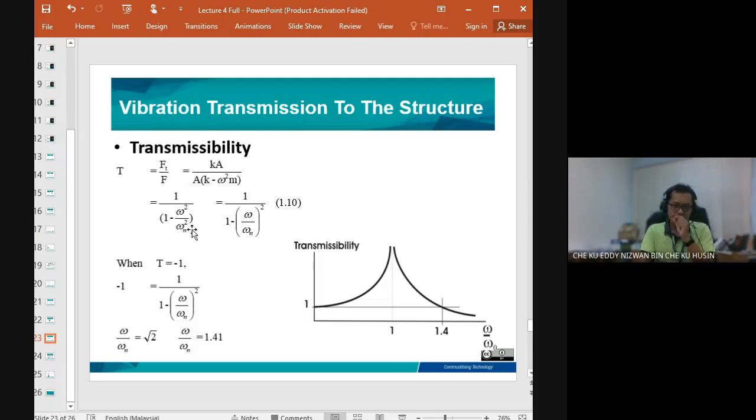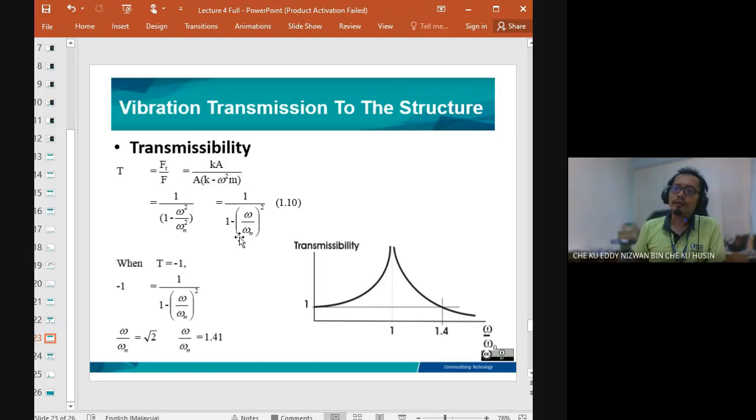This we can call the frequency ratio, the ratio between excitation frequency over natural frequency, omega over omega n. So that's the transmissibility, how we measure how much force is transmitted. If transmissibility is greater than 1, it means the force transmitted to the body is greater than the force induced to the system, which is not good.